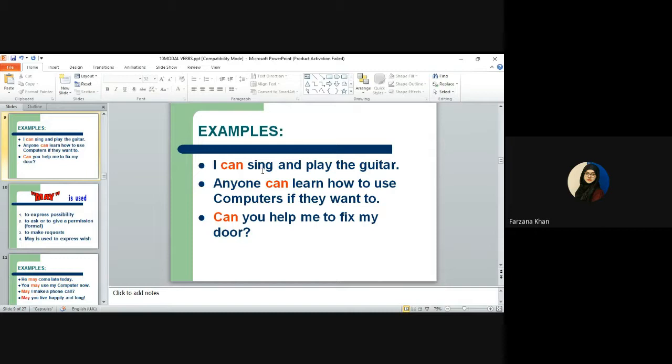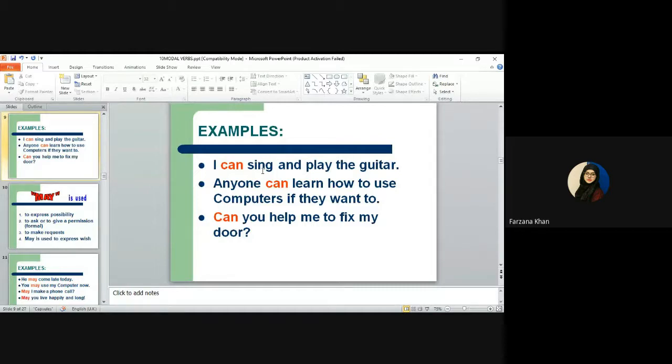Similarly, you can say I can swim, I can play, I can speak well, I can talk to you properly, I can watch this movie, I can do my study very well. Whenever you are telling your ability, or the ability or capacity of something or someone, you can simply use the modal verb can.